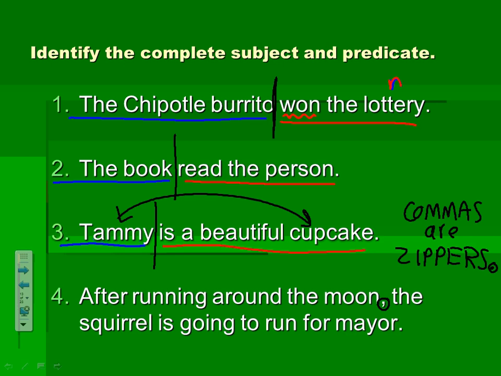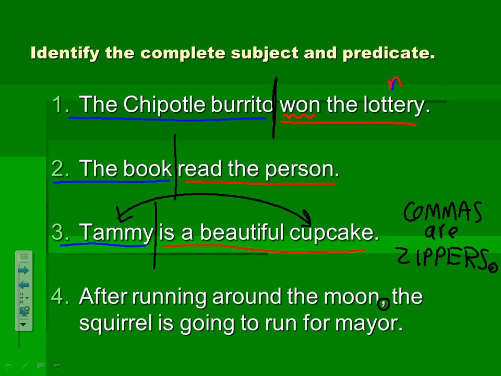Commas are used in sentences to add extra details or extra information. Again, we'll learn more about how to do this later in the year. But for now, when you're trying to find your subjects and predicates, it's useful to eliminate material or details that can be distracting and might cause you to choose the wrong subject and verb.